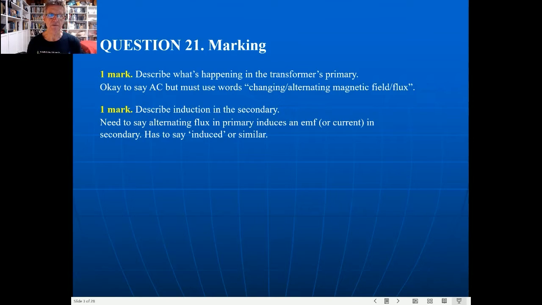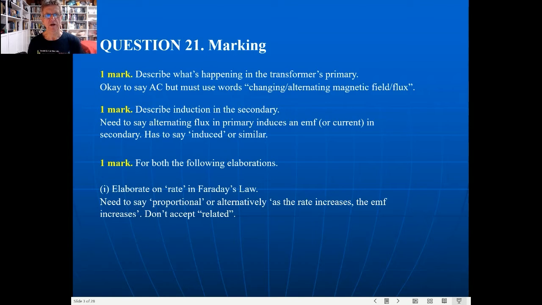Now to get the third mark, you're given the clue that it has to be something about Faraday's law. So Faraday's law is about the rate of change of flux. So you'd have to say something like the EMF in the secondary is proportional to the rate of change of flux, or as the rate of change of flux increases, the EMF increases.